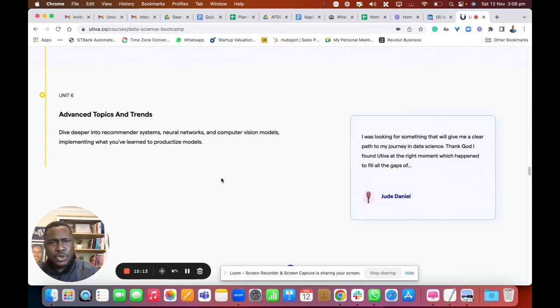Now, let me say this to you because I know that data science scares a lot of people, right? There are so many people that have come to Utiva without any basic engineering or technology background. There are three major principles you need to have at the back of your mind here. Number one is you need to learn the theories and the framework.